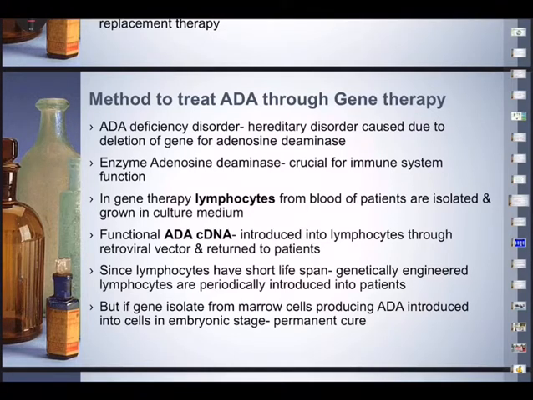And SCID is a group of rare disorders caused by mutations. What are mutations? Sudden changes in the gene structure. The changes take place all of a sudden, and that is called mutation.